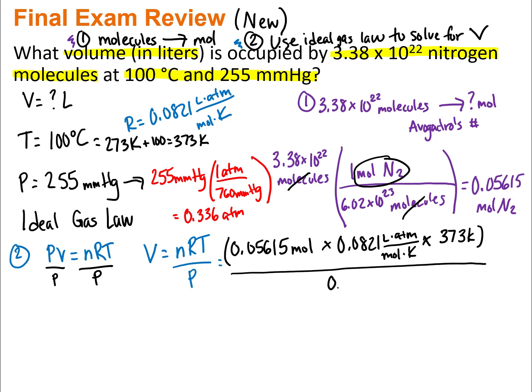Divide all of that by the pressure. What we're going to be left with is the number of liters. And when you do all this in your calculator, you should get 5.12 liters.